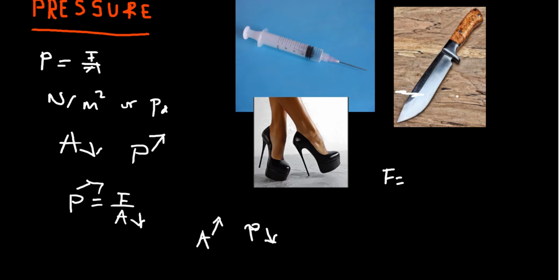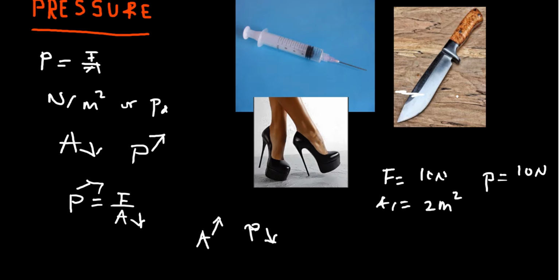Let's take an example and say that we have a force of, let's say, 10 Newton that is acting on area number 1. Let's call this A1, which is equal to, for example, 2 meter square.